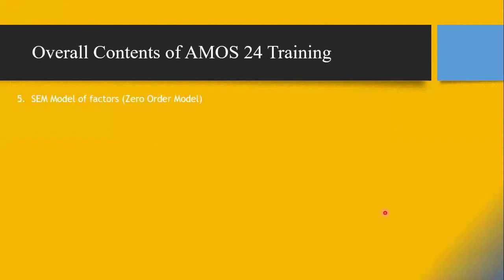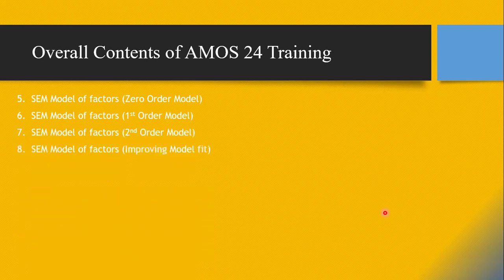Additionally, we may have some models of factors like zero order, first order, and second order models. Then we may have some models of factors for improving model fit. Then we will discuss reporting and improving validity and reliability for some models, and multi-group analysis using SEM.